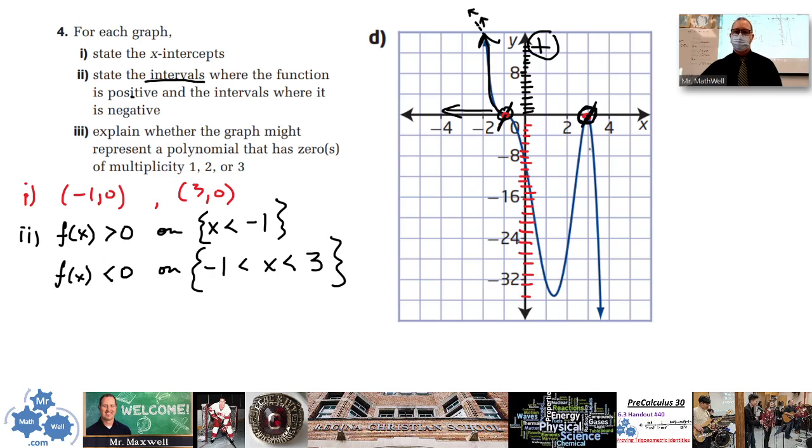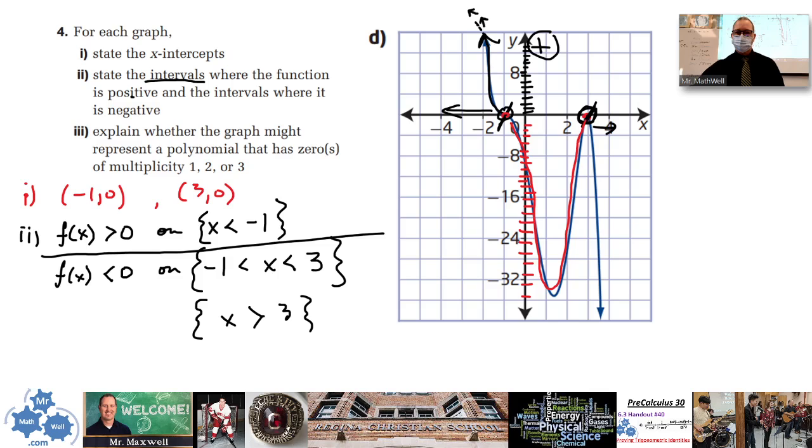That's the first section. And then you can state the rest of it: everything greater than positive 3, so x is also greater than 3. I'm sorry, that's where it's negative. The graph is below the x-axis here for this section, and then it's actually 0 there, so we can't count that point. But then here, it's everything greater than 3 as well.